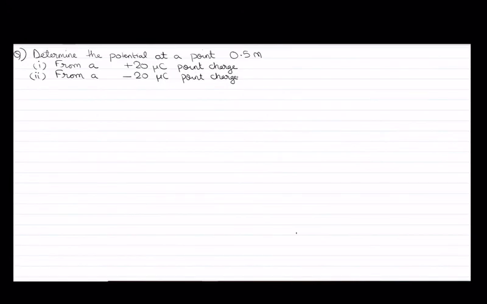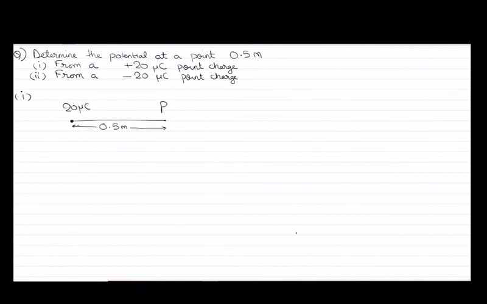Let us have a look at this question. It says, determine the potential at a point 0.5 meter, first from a plus 20 microcoulomb point charge, second from a minus 20 microcoulomb point charge. Suppose I solve the first part. There is a charge of 20 microcoulomb, and the point P where we have to find the potential is at a distance of 0.5 meter.